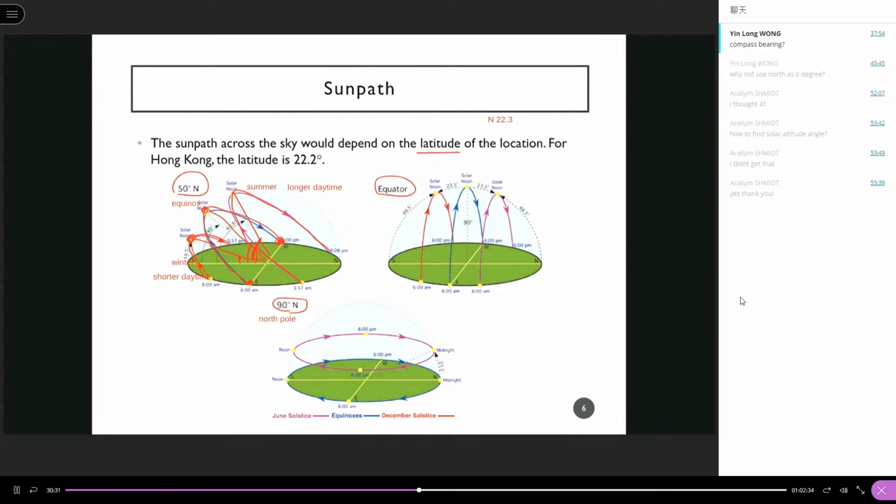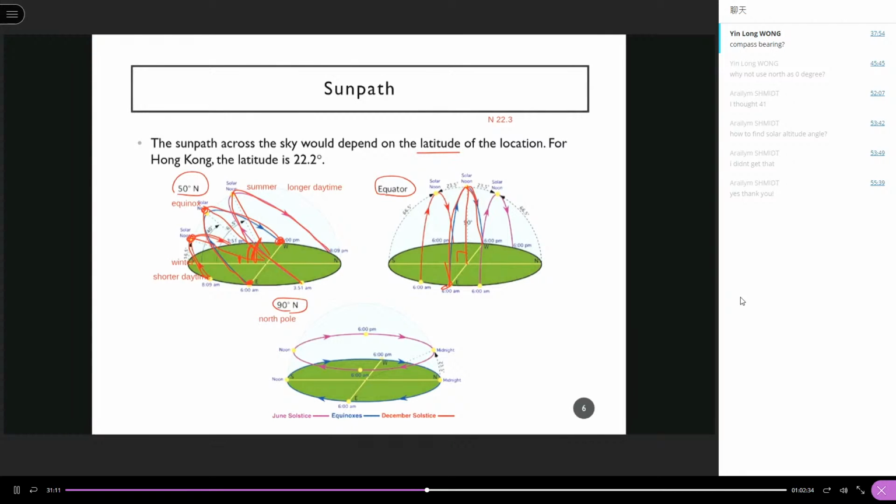Like in Singapore, it's always tropical climate, always very hot. So on the equinox, the sun will rise from the east, and the sun will always be along the vertical plane in the east and west direction. When it is noon time, it is directly above our head, so 90-degree elevation angle, and then it will set exactly in the west direction.